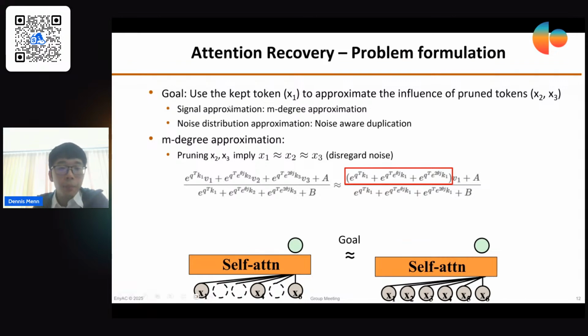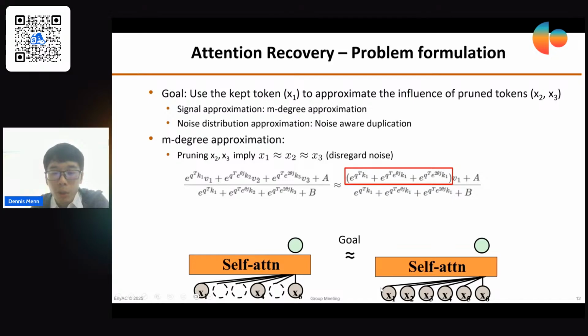For the M-degree approximation, what we essentially do is we first calculate the output value of the unpruned latents. What you will get is this formula.